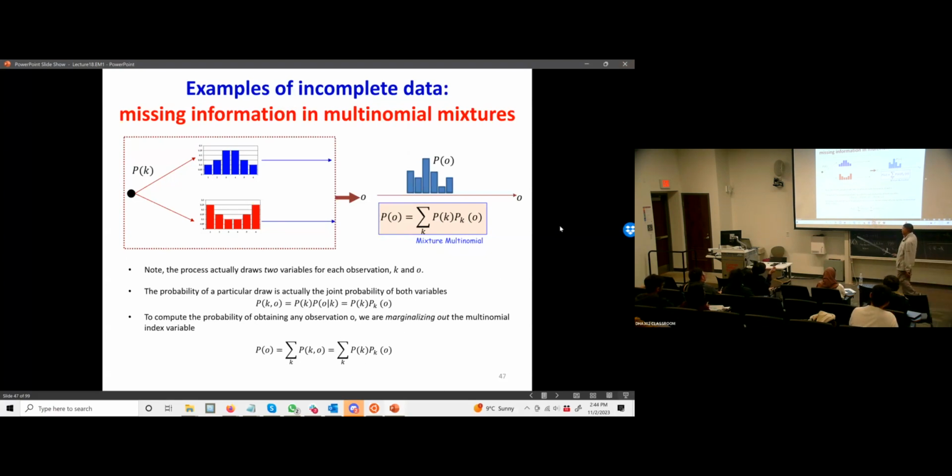This is the probability of the outcome given from that dice. And the overall probability, as we just saw, is the sum over all components of choosing that component times the probability that that component is going to generate the given observation.